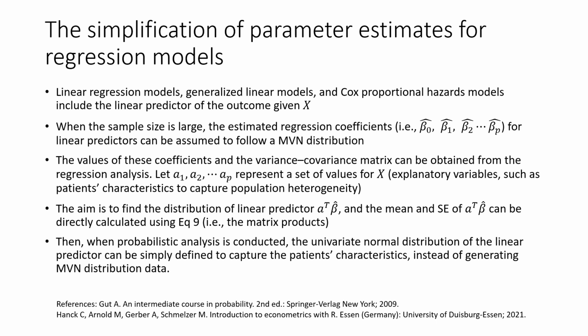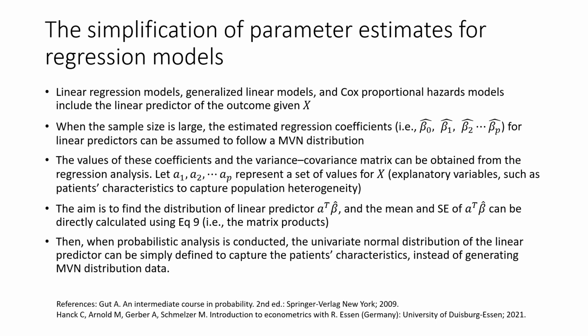We can assume that the estimated regression coefficients for linear predictors follow a multivariate normal distribution. The values of these coefficients and the variance-covariance matrix can be obtained from the regression analysis. Let A1, A2, up to AP represent a set of values for the explanatory variables, such as patient's characteristics to capture heterogeneity.